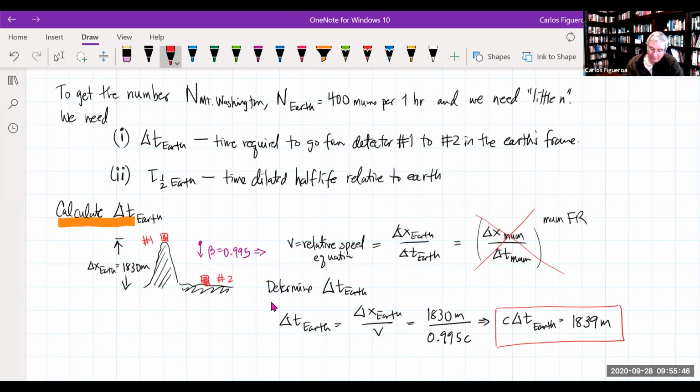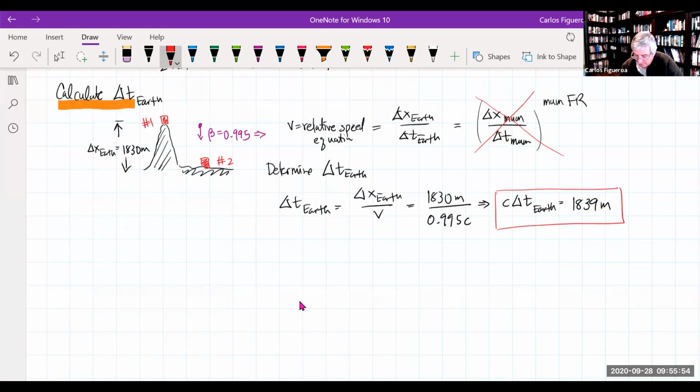Okay, so now I want to focus on the second part. The second part is I want to calculate the half-life, the dilated half-life. So this is the second part that I want to focus on right there. So now, here we go.